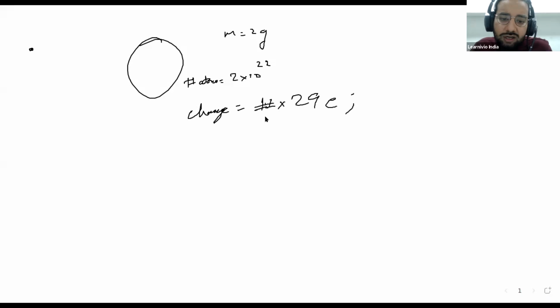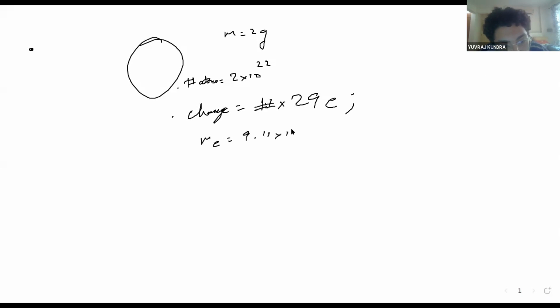So the total charge is this number times that. It's given the mass of electron is 9.11 into 10 raised to power minus 31 kilograms. How much mass will the sphere lose or gain if it is given a charge of plus 2 microcoulomb?